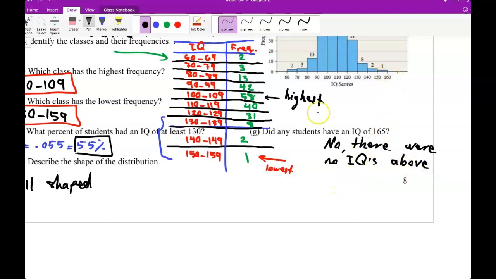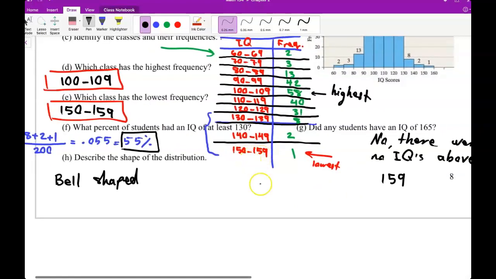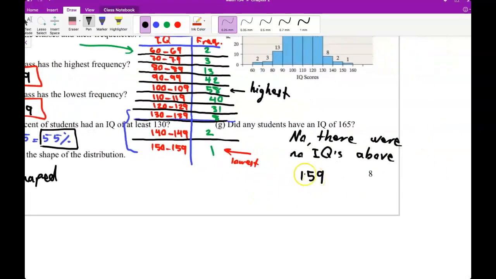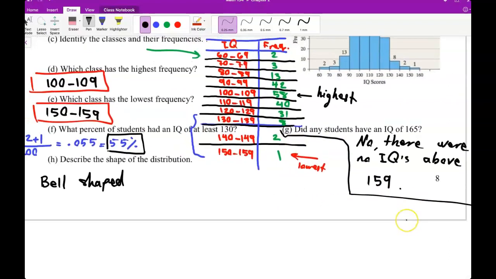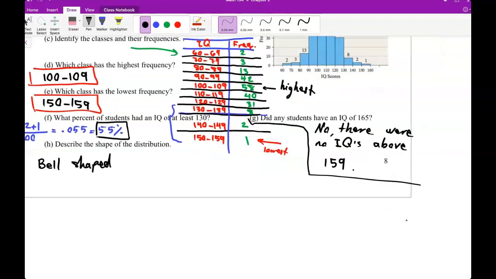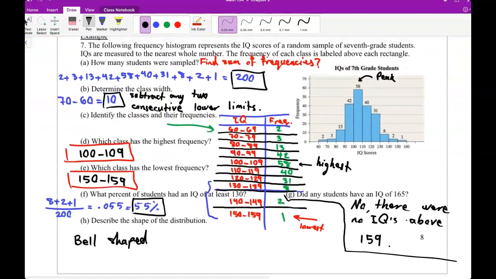Okay, so that is 160. I'm going to use 159. Because here we have these classes. This was the answer for part G. Okay, we finished this part.